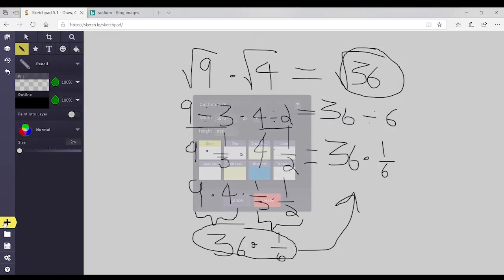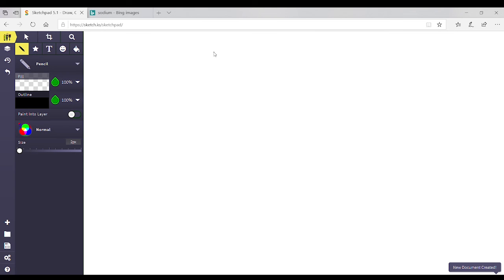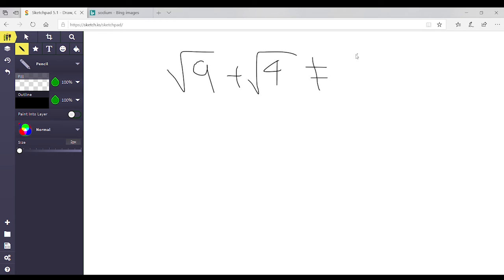Now, just to prove that addition doesn't work, we could say the square root of 9 plus the square root of 4 does not equal the square root of 13. So we're basically saying 9 divided by 3 plus 4 divided by 2 doesn't equal the square root of 13.